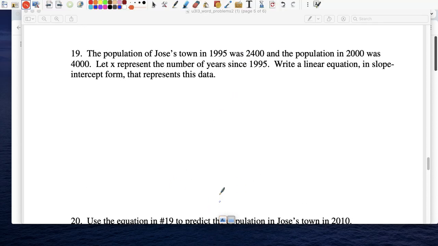The population of Josestown in 1995 was 2,400. The second variable is years since 1995. So zero is the time that I started recording, right, from the town population recorder.